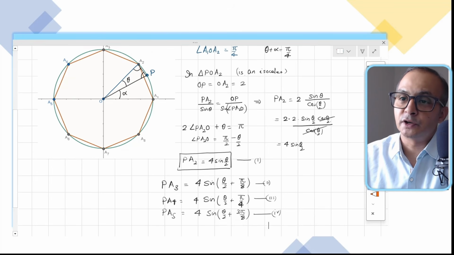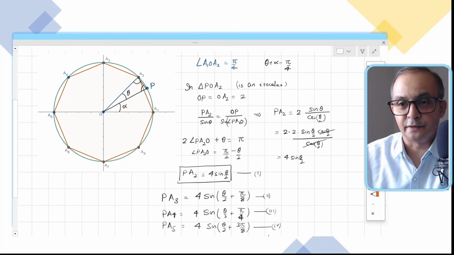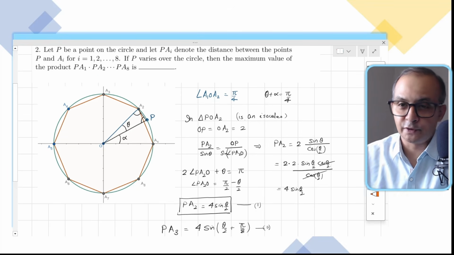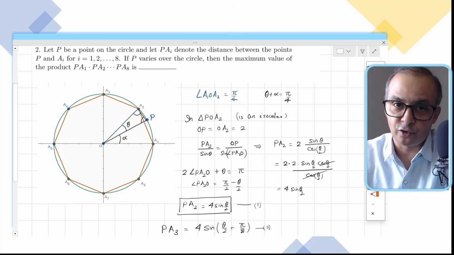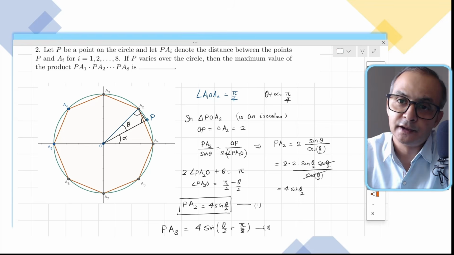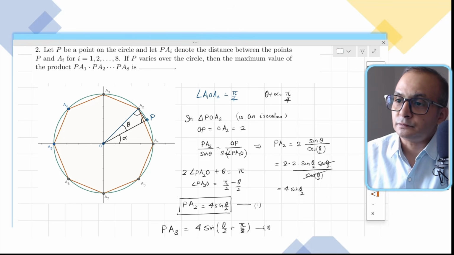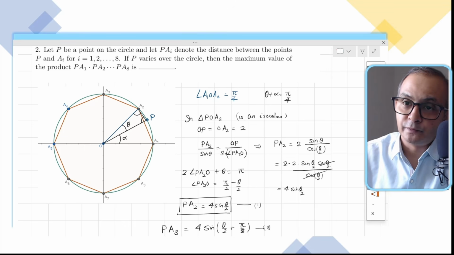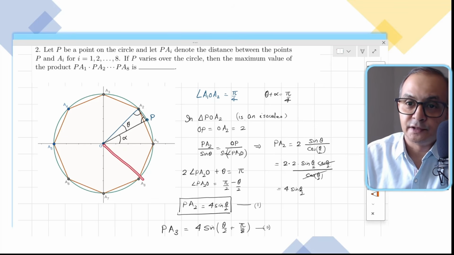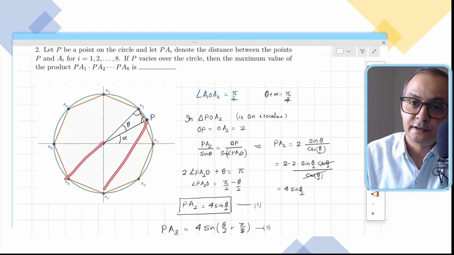Similarly, because these triangles and lengths we are using are positive quantities, we don't have to bother about the sign of the angle. We are always using the positive sign of the angle. Now here, the first will be this triangle, PA1, then PA8, then PA7, then PA6. Already we have found PA5.